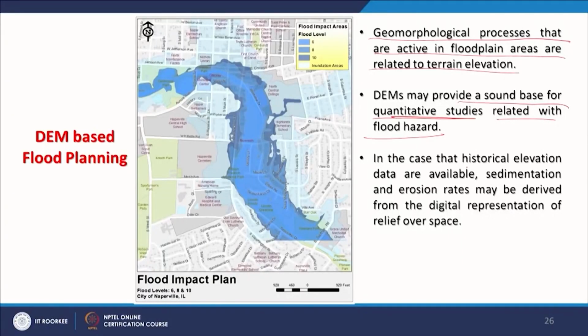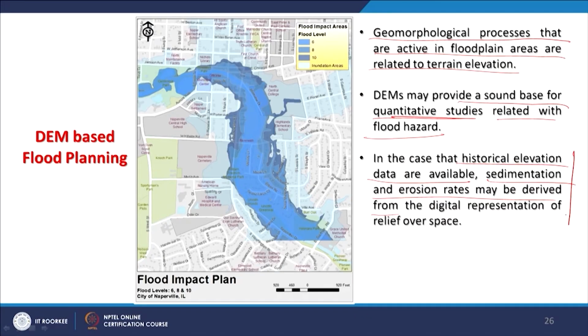In the case where historical elevation data are available, sedimentation and erosion rates may be derived. That means if we have very old information about the terrain, today we would know how much erosion and sedimentation has taken place along a river. That too is now becoming possible.